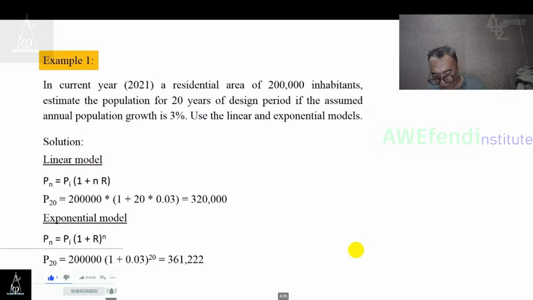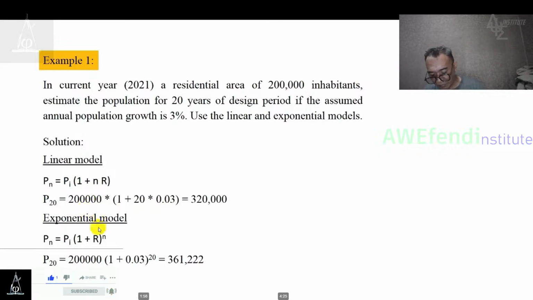By using the linear model, P20, because n here is 20 years, it is the design period, equals Pi. Pi is the current population in the current year, times (1 plus n, 20, times 0.03, which is the population growth rate), equals 320,000.